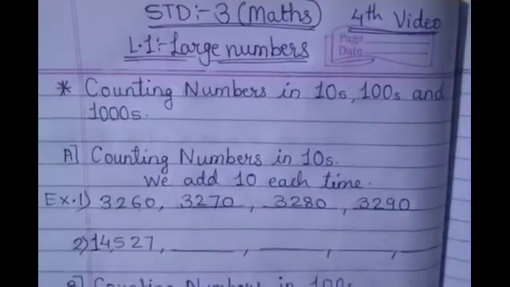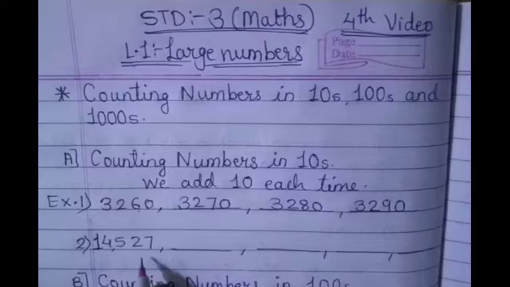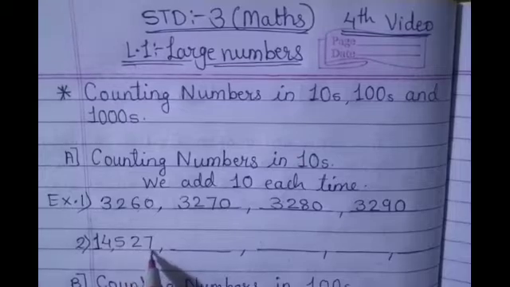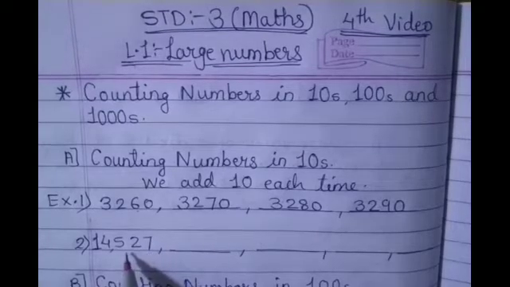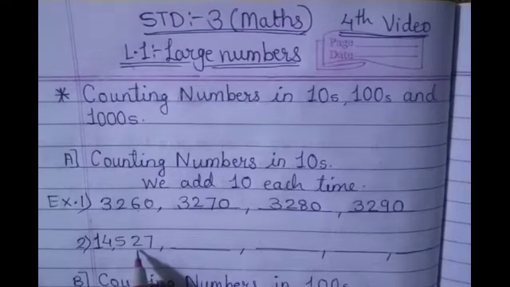Now next number, that is 14,527. Now again we will concentrate on the last two digits, especially the tens place. It is 2 over here. So we will add 1 each time.